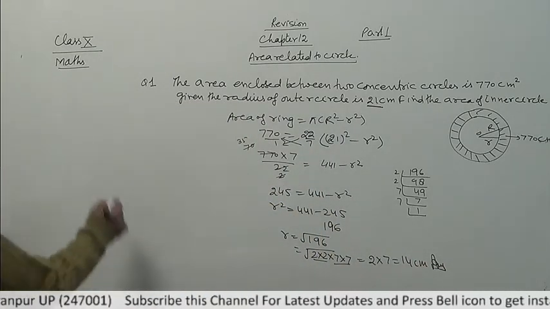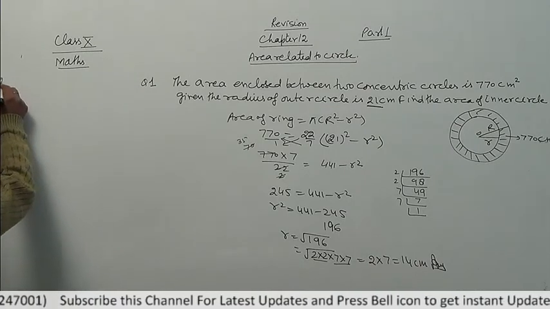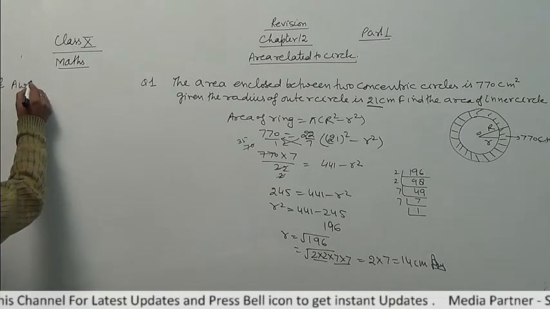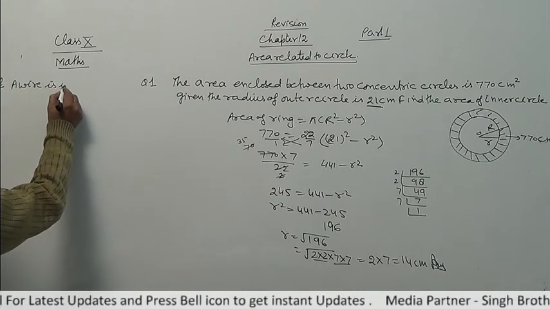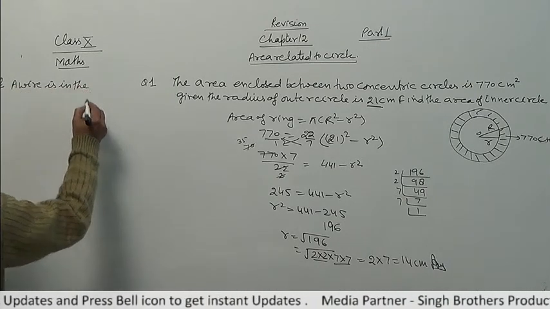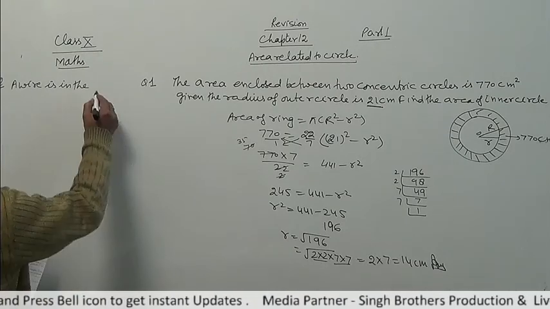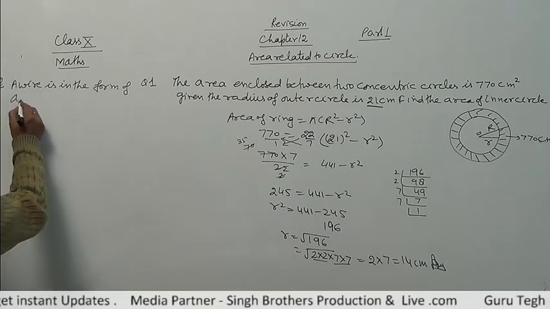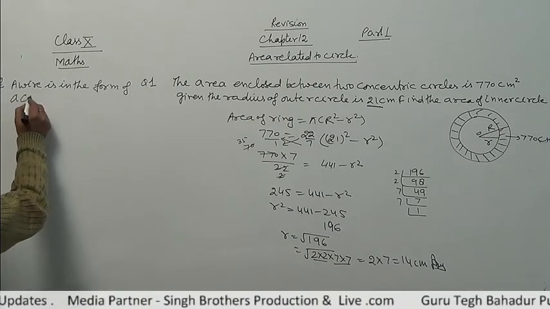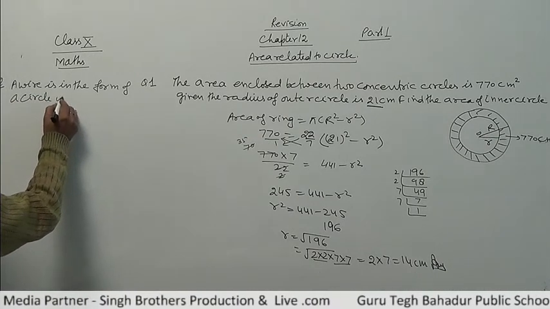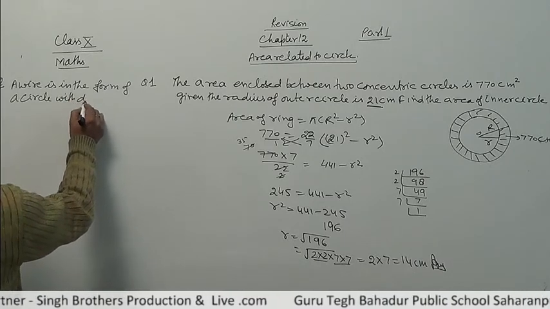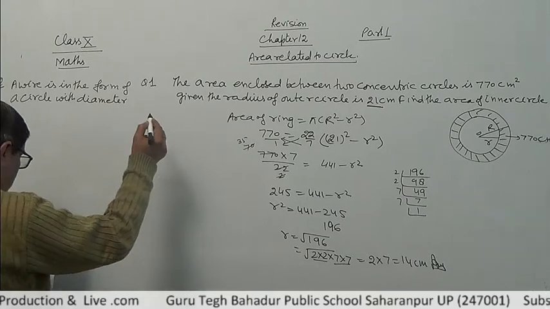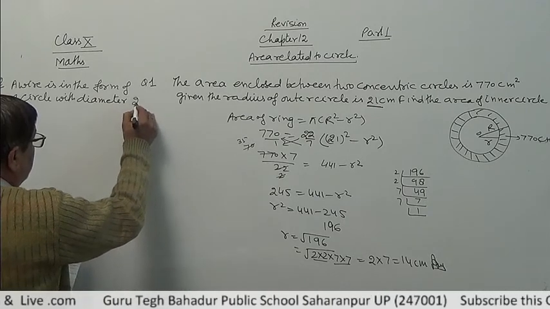See the second question. A wire is in the form of a circle with diameter 21 centimeter.